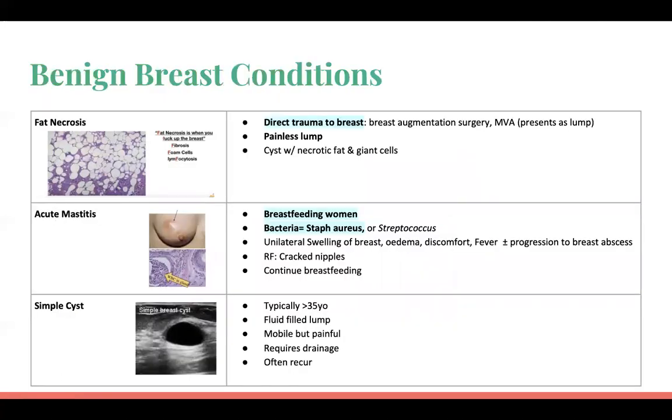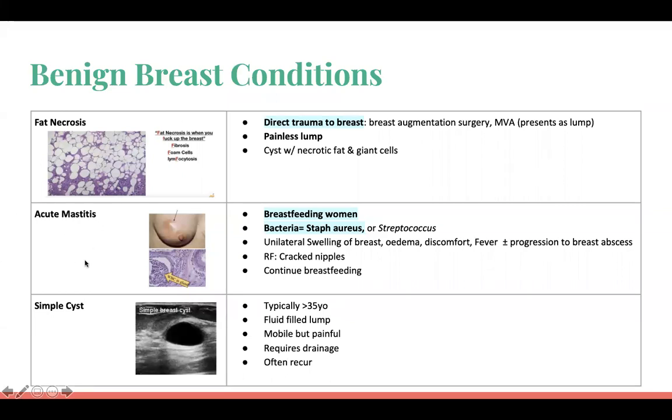So moving on to benign breast conditions. As I said, think about breast conditions as benign versus malignant. The benign ones I've listed here. The first one is fat necrosis, which typically occurs post direct trauma to the breast. There's a picture here of a way to remember it as well, which I won't say out loud.